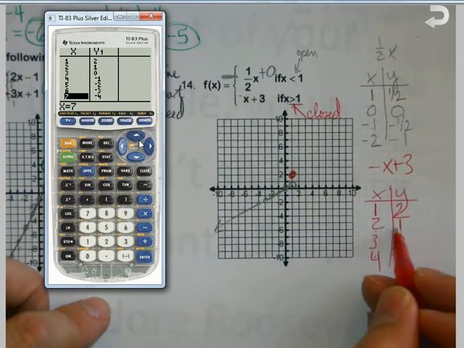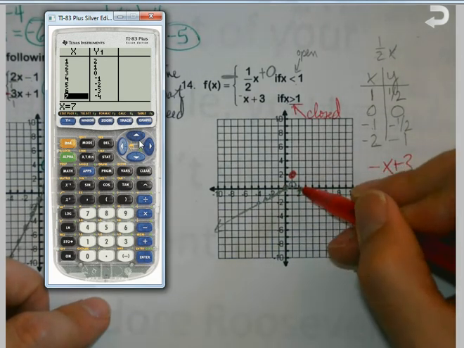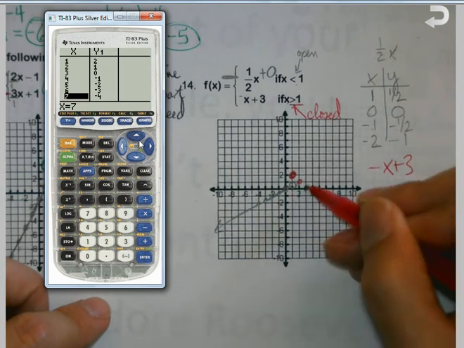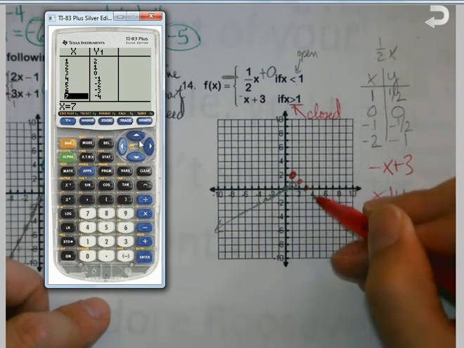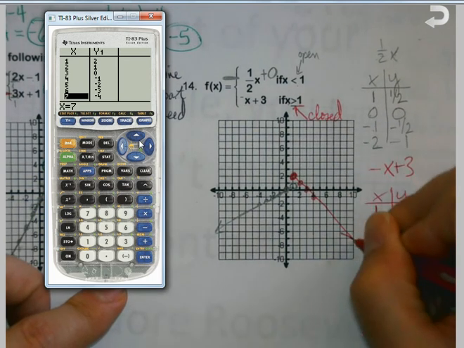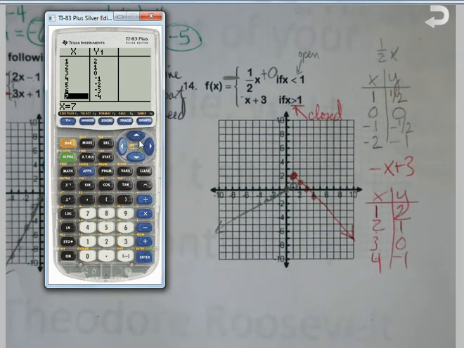And now I'm just going to start plotting these other points. So 2, 1, 3, 0, 4, -1, and I'm going to connect the dots from my first one. Again, I'll always have a dot at one end and an arrow at the other. It'll never be arrows both ways.